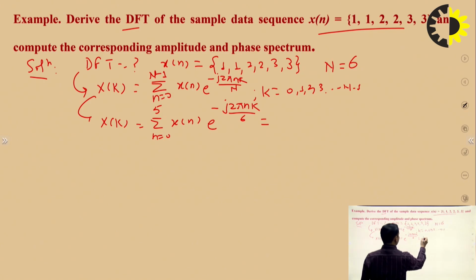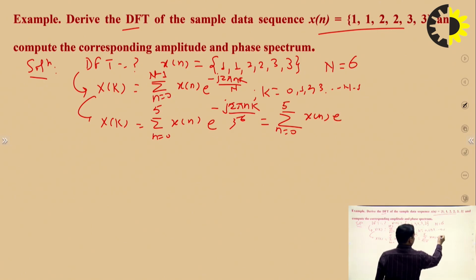So, X of k is the summation of n equals 0 to 5 of x of n e raised to power minus j 2 pi n k upon 6, because N value is 6, or in simplified form, it is minus j pi n k upon 3.